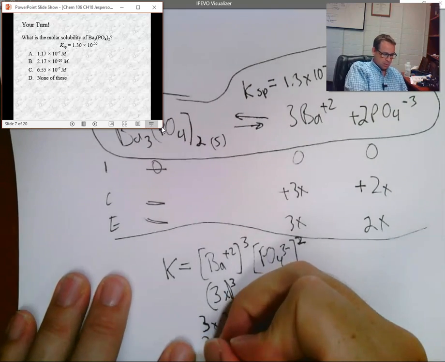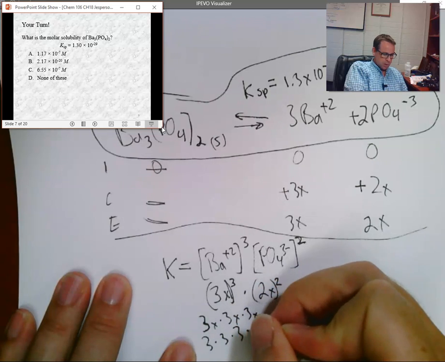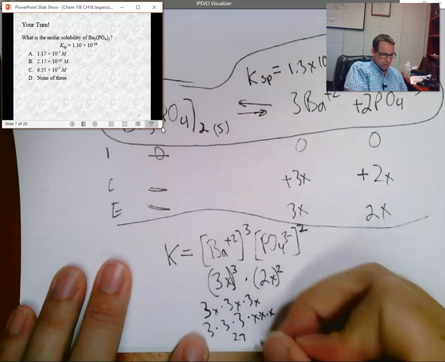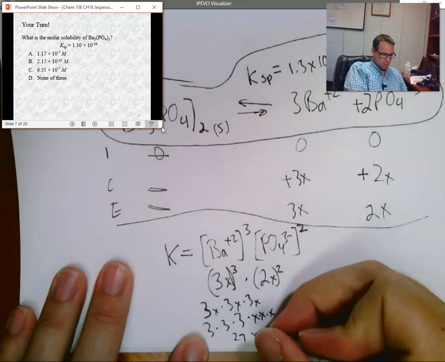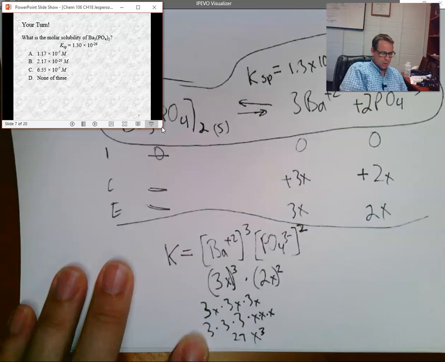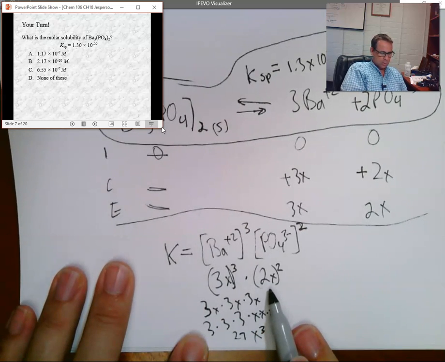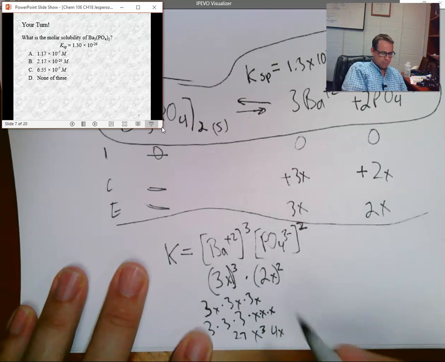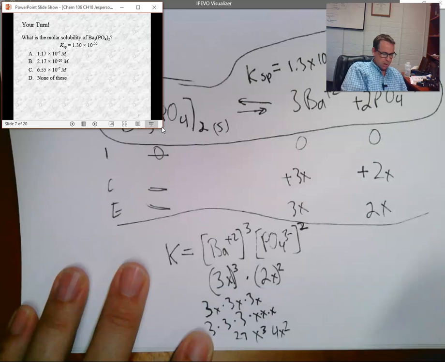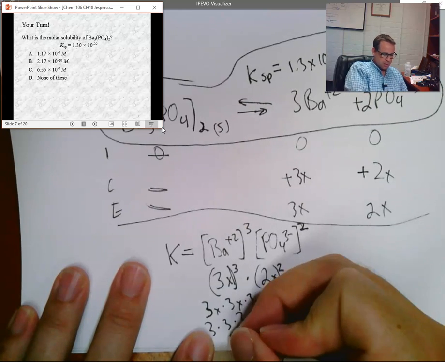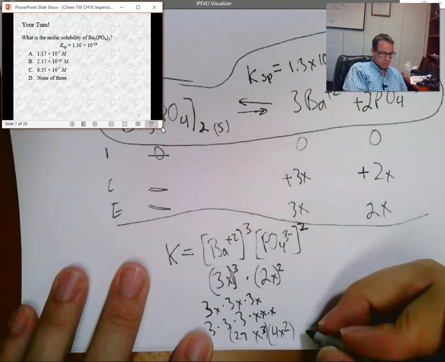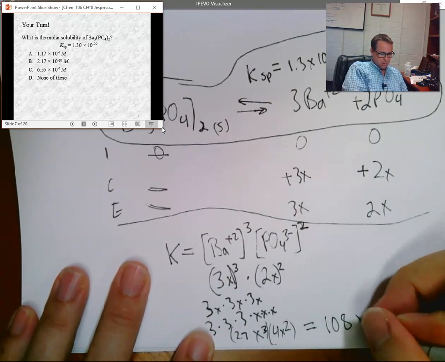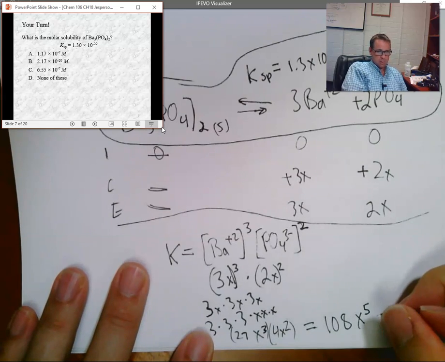That's 3 times 3 times 3 times x times x times x, so that's 27x cubed. Very good. And this one here? 4x squared, right? Very good. And now if I multiply those together, then I get, what? 108 x to the 5th.